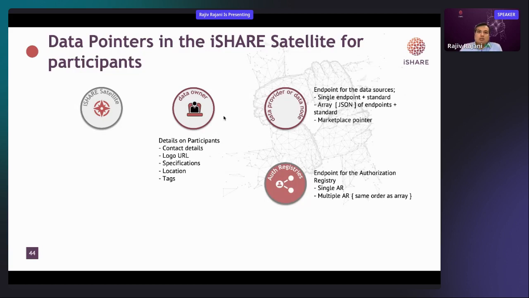Additionally, details on the participant. It gives the single endpoint where a data participant can list all the endpoints that it exposes, which is basically the data endpoints, or it can refer to a marketplace where it has put all its offerings basically of the data sets.